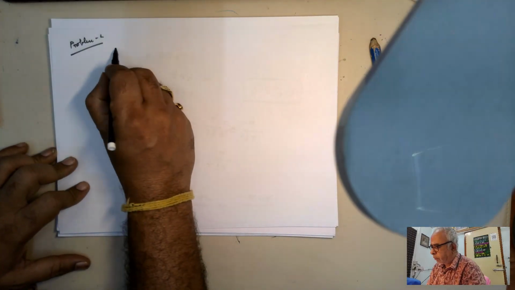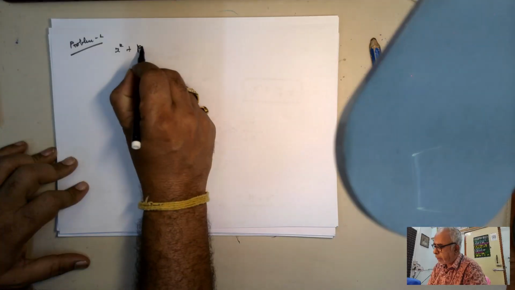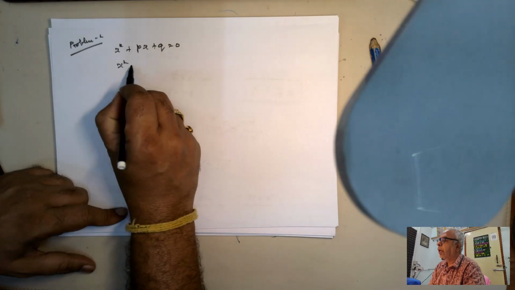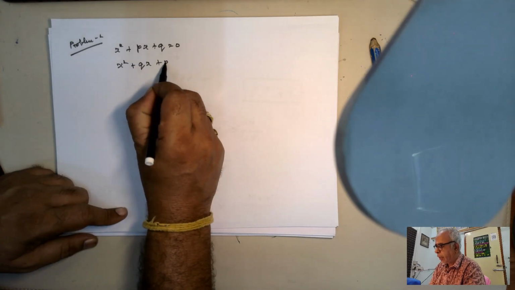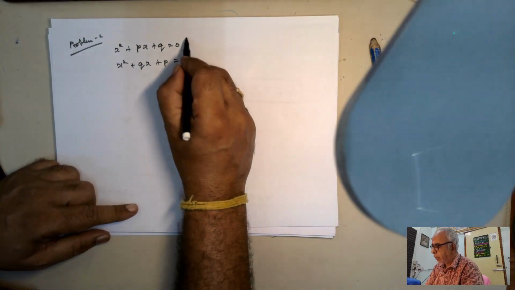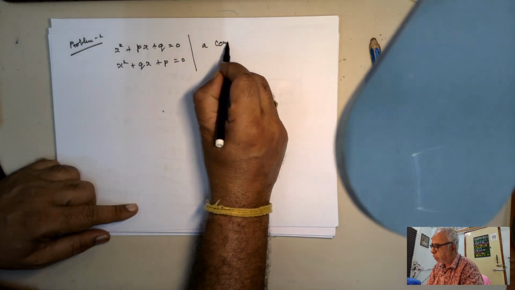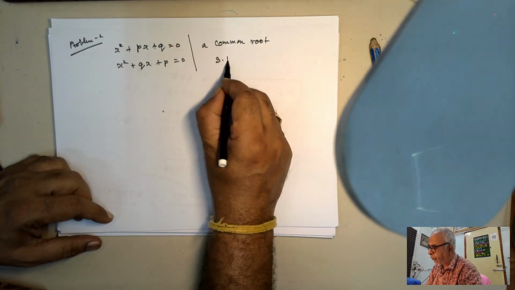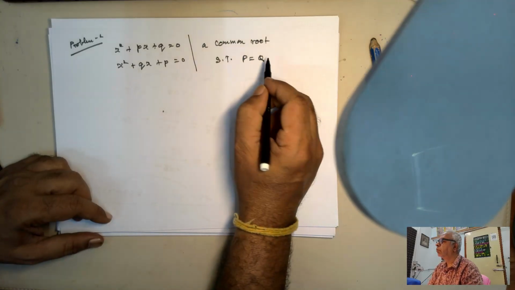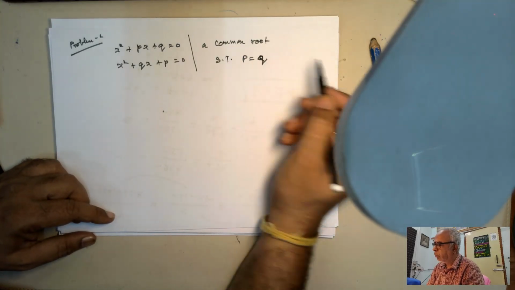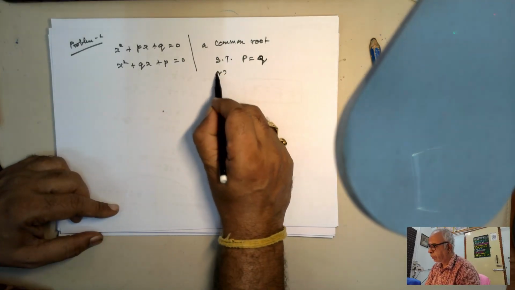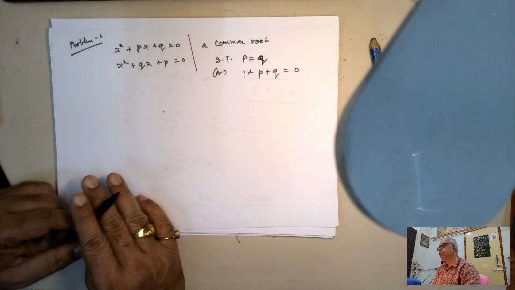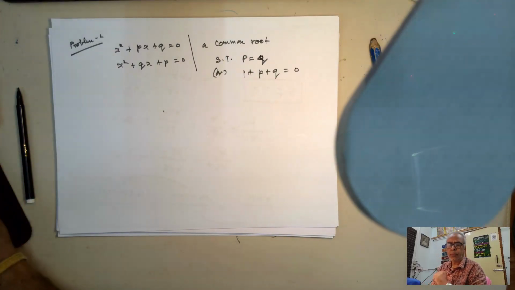If x squared plus px plus q is equal to 0, and x squared plus qx plus p is equal to 0 have a common root, show that p is equal to q, or 1 plus p plus q is equal to 0. Can you try this sum?